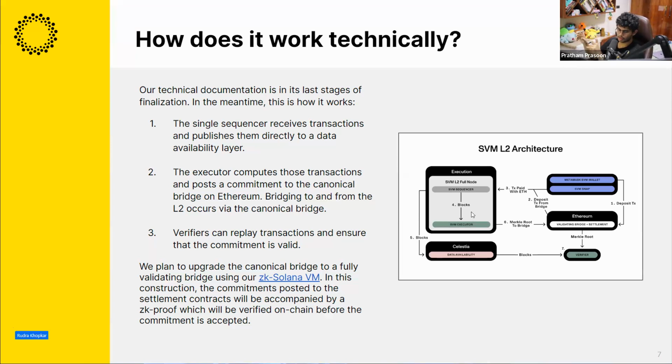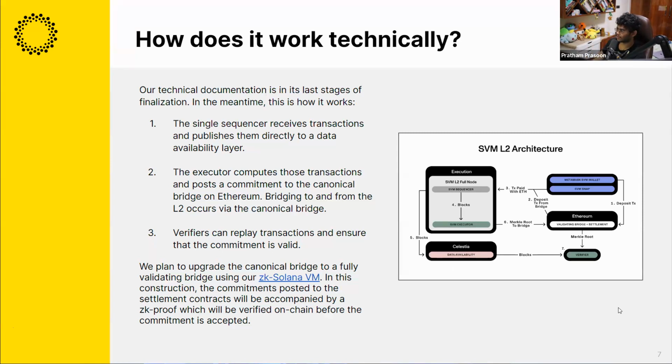For context, when you do a transaction on a blockchain, you can also send data with the transaction. Like if you want to send an image or encode something, you can put data on there. And basically what we're doing is we're storing that data onto something called Celestia.